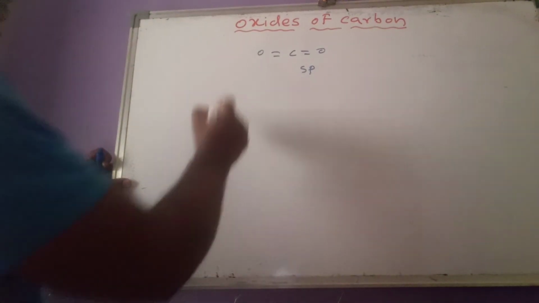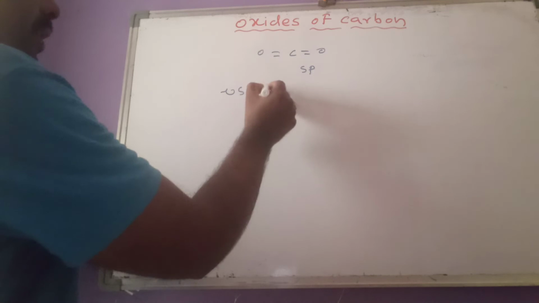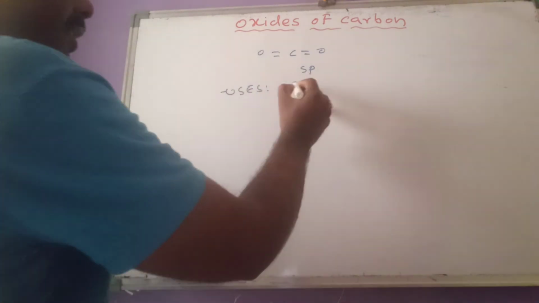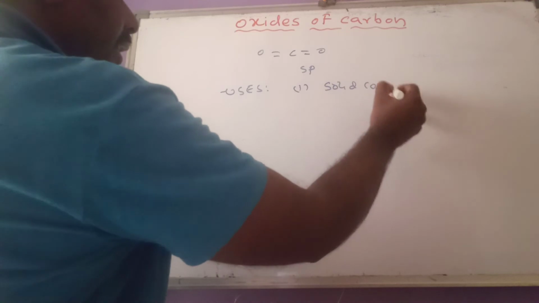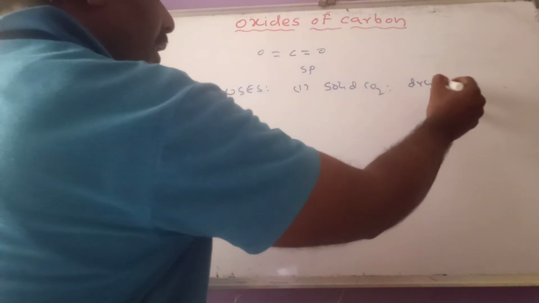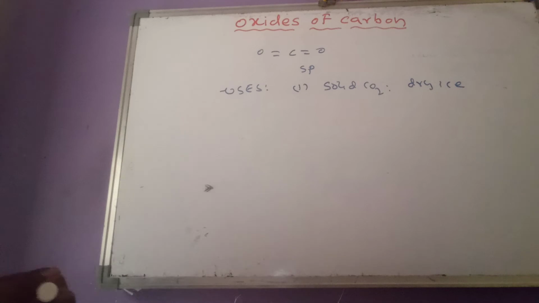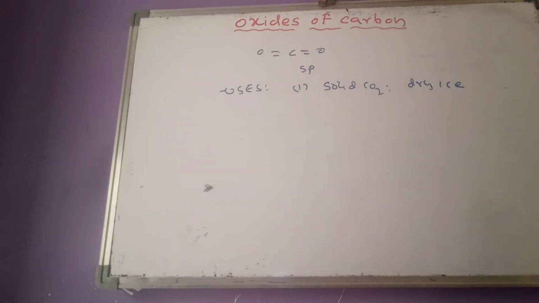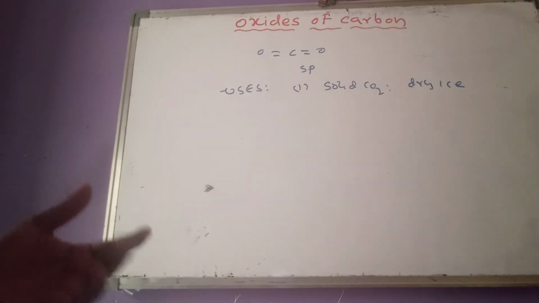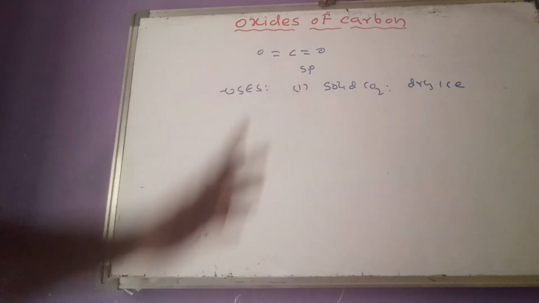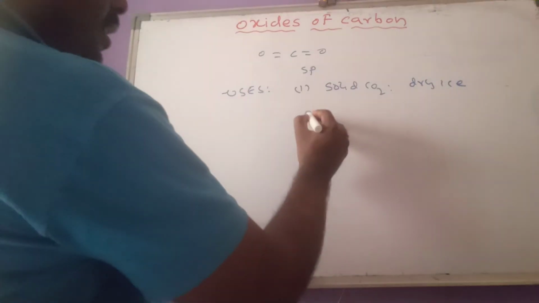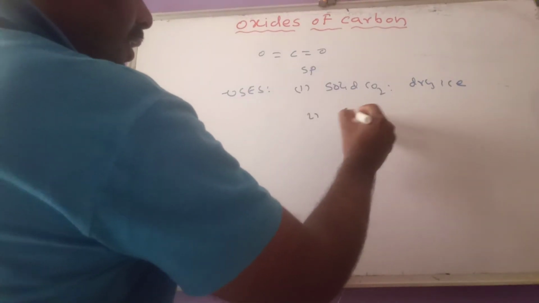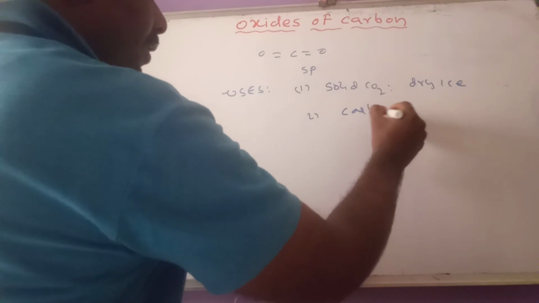Now let us see the uses of carbon dioxide. Solid carbon dioxide is known as dry ice. It is used for refrigeration, that is nothing but solid CO2. It is also essentially used for carbonating soft drinks.